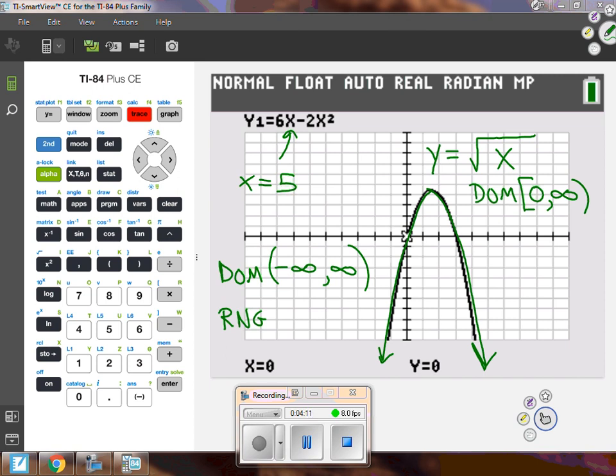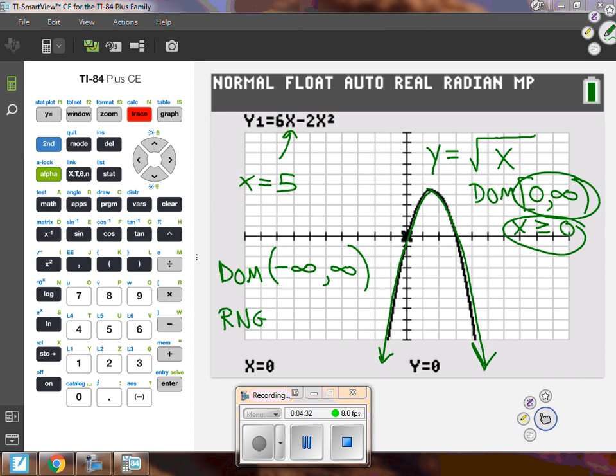You think you saw it in Algebra 1? Okay, good. If you don't remember it, you'll get the hang of it. It's not bad. Maybe you wrote it this way: the x's have to be greater than or equal to 0. Maybe you saw it like that. This and this are different ways to say the same thing.